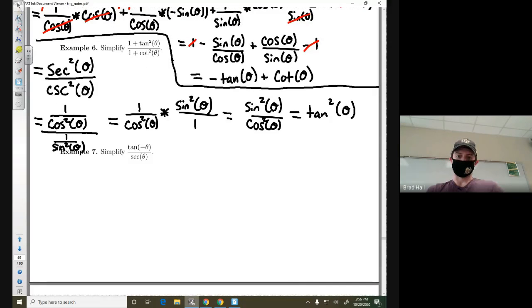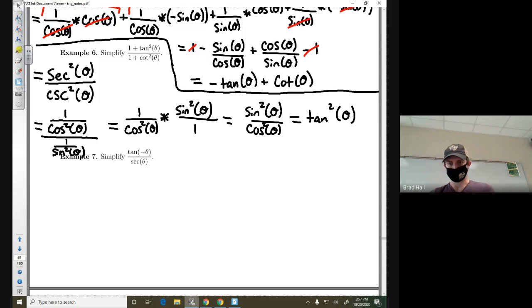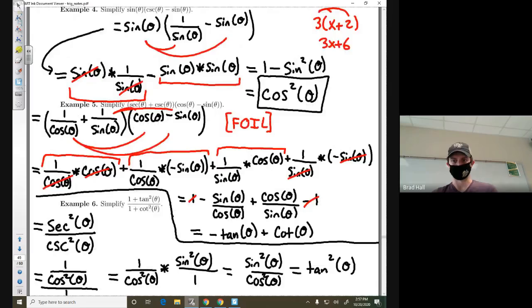Look at example 7. Okay, so they put a negative sign next to the theta for the numerator only. So if anything, that reminds me of a formula that we can apply. Yeah, so now we remember, if there's a negative inside the tangent, we just learned a bunch of new formulas.